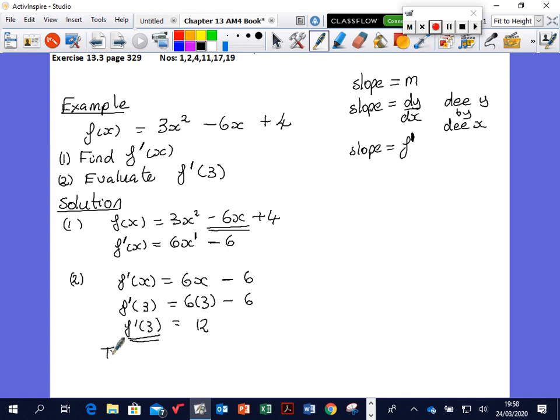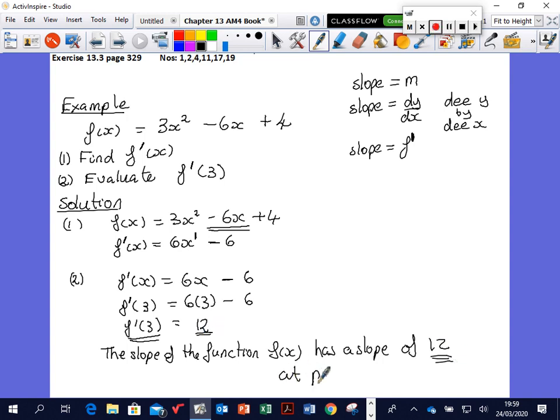So the slope of the function f of x has a slope of value 12 at the point where x equals 3.